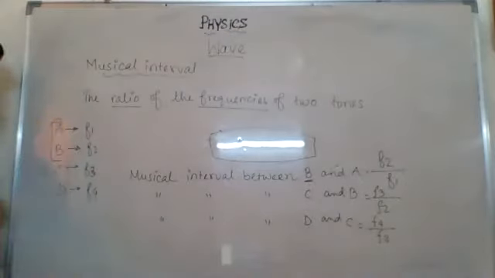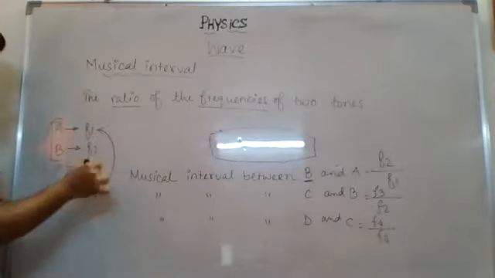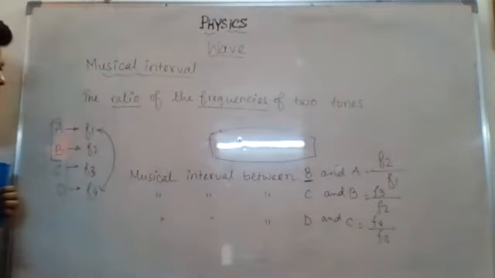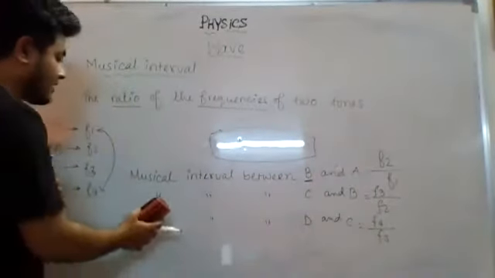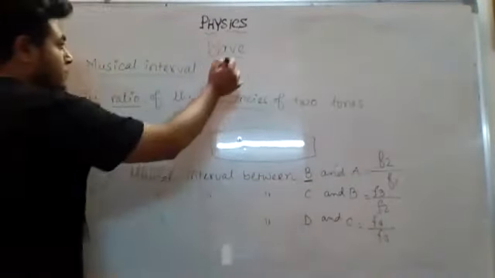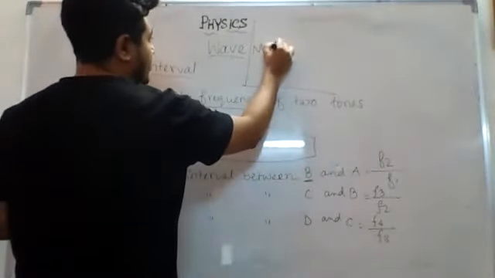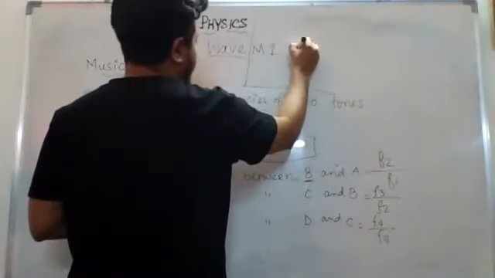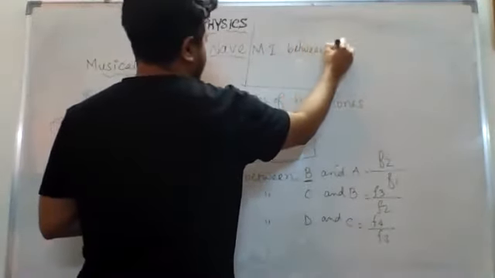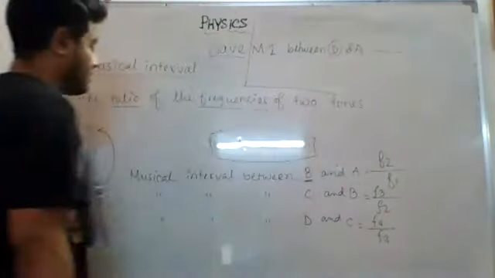Now this one I have taken for the successive tones, for two tones. What if I tell you to find out the musical interval for A and D? Sorry, not frequency, the musical interval. If I tell you to find out the musical interval for A and D, then what will you do? I will write it here. Musical interval between D and A will be, what is the frequency of D?